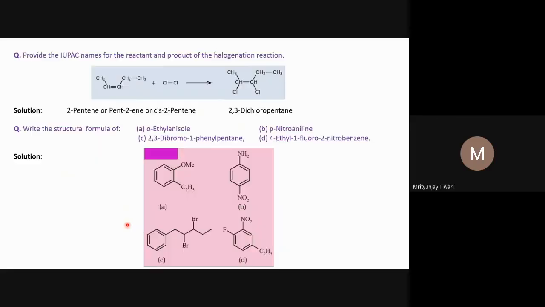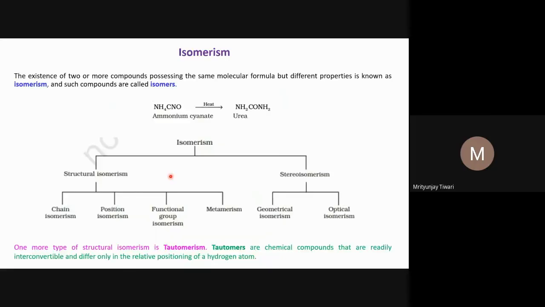For example, you see this OMe group, I can put it even here, not here. So they will be position isomers. The name will be different. The difference is only in the relative positioning of different substituents, and that is called position isomerism.